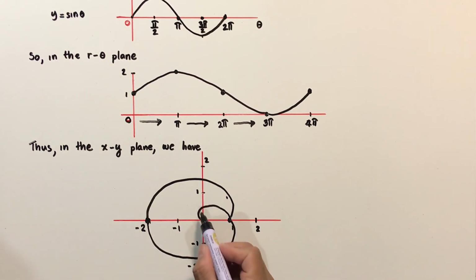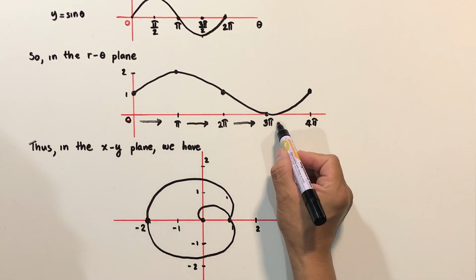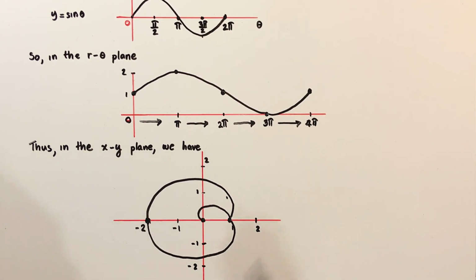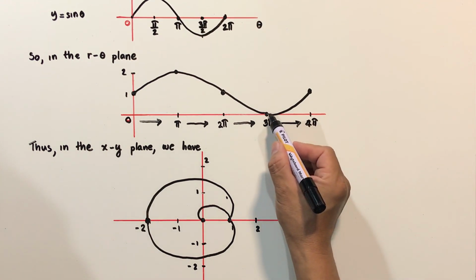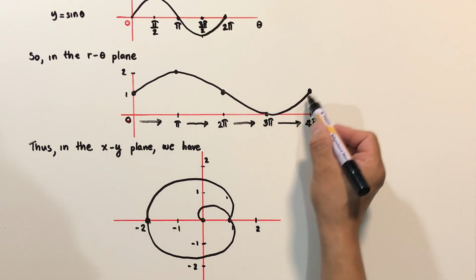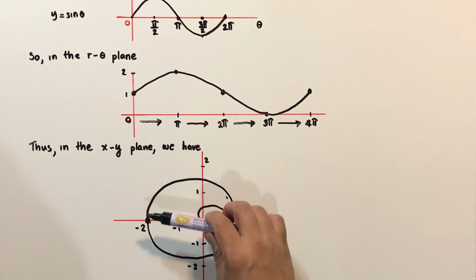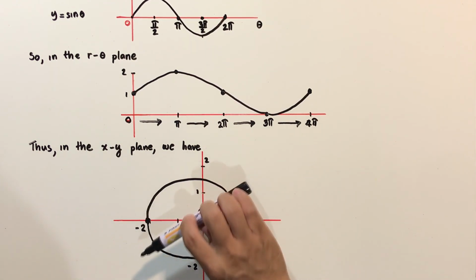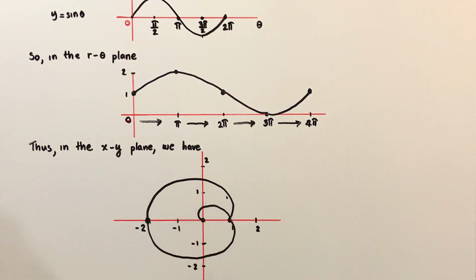So when it reaches 3 pi, it becomes 0. And then as it moves from 3 pi to 4 pi, the radius increases from 0 to 1. So here, let's move from 3 pi to 4 pi this time. So from 3 pi to 4 pi, the radius increases from 0 to 1.